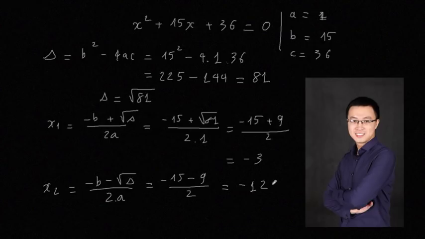Okay, and in the first example, maybe you won't remember the formula, so that's why in the 3 examples in this video, I always rewrite the formula for calculating delta, X1 and X2 first. After that, I will substitute the values for A, B, and C. Okay, maybe I think you should try it that way.